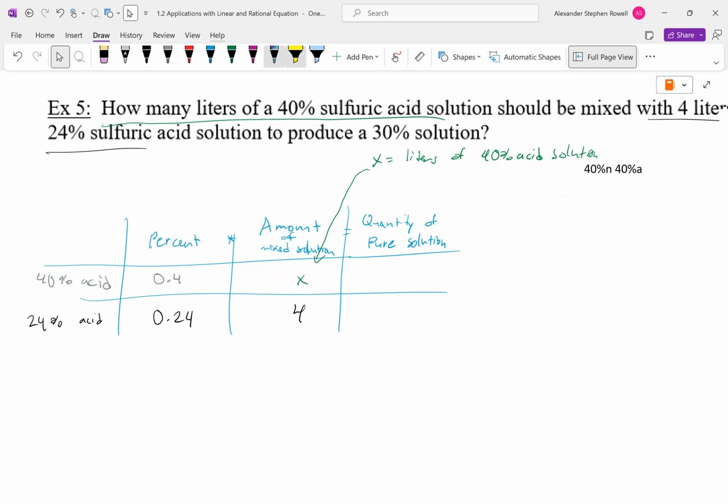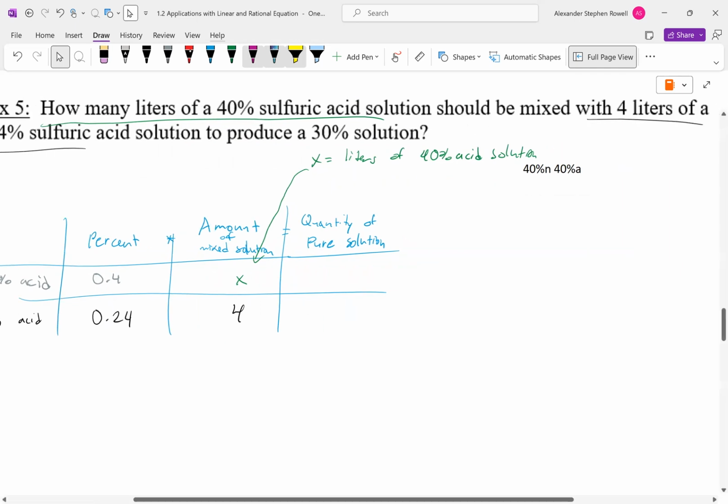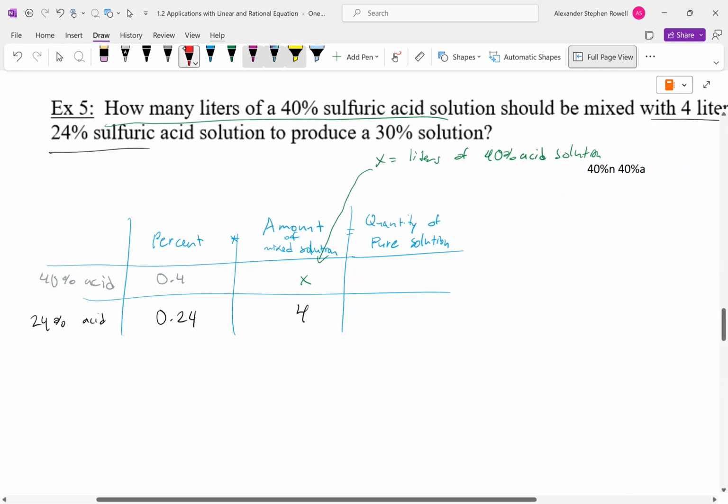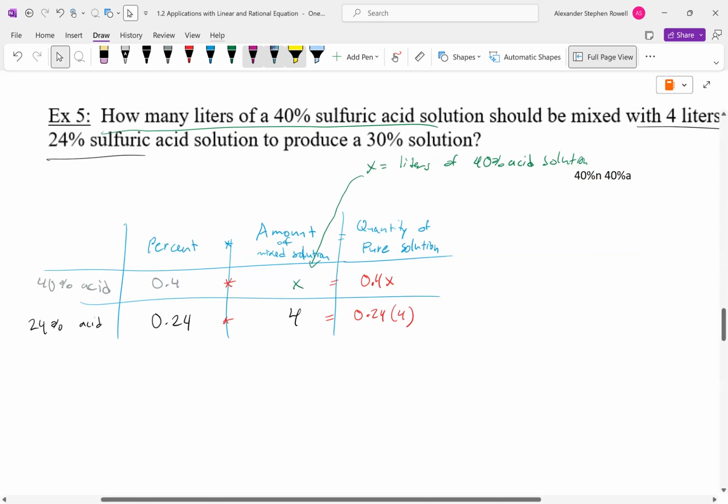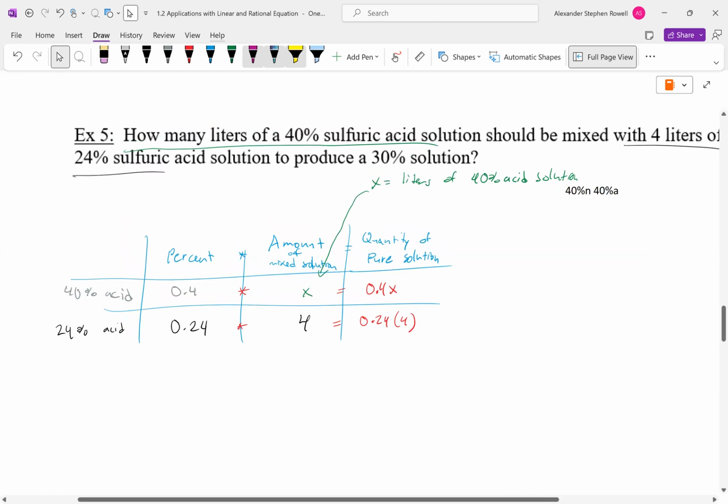Okay, any questions about this so far? So we multiply across: 0.4x, and multiply across 0.24 times 4. And we need to first say, what do these red numbers mean?